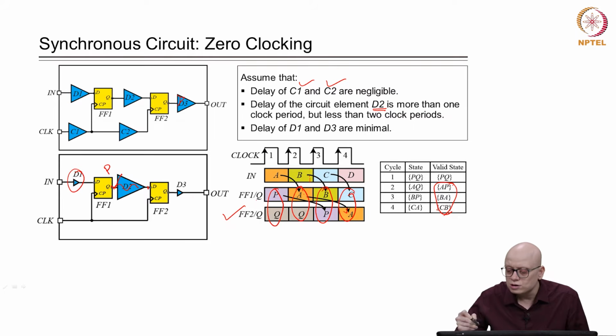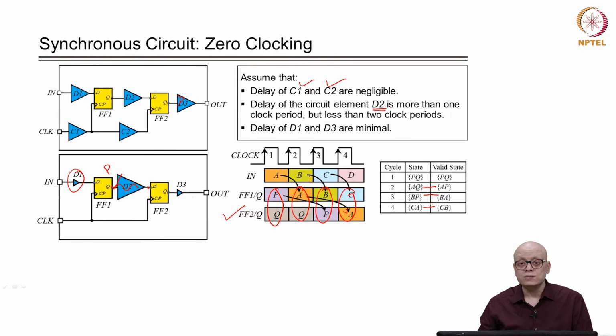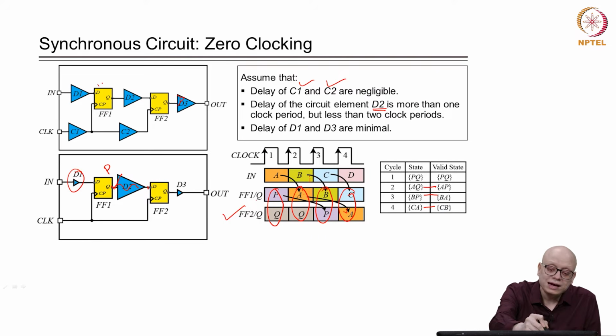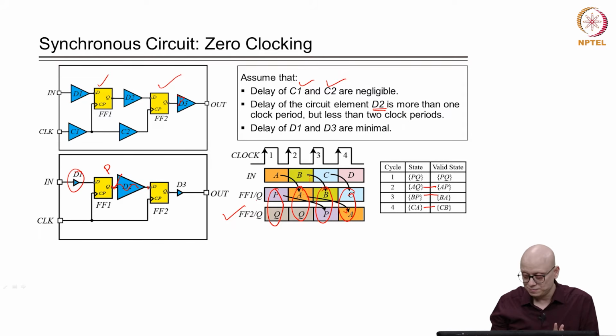So, the states that we get in our circuit are different from what we wanted as in the synchronous circuit, and therefore, the synchronicity of our design is lost. The valid states are not existing in our circuit, even though we assume that flip flops are ideal and many ideal conditions prevailed in our circuit.